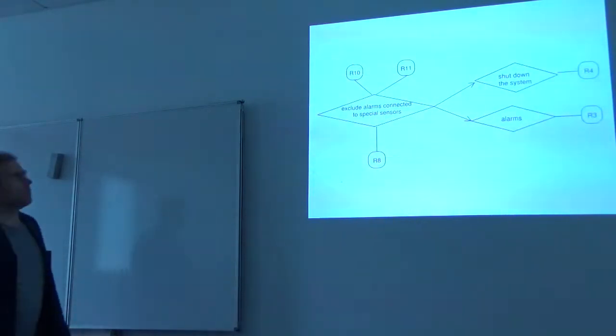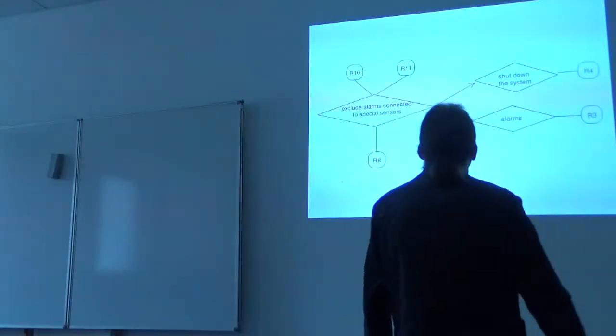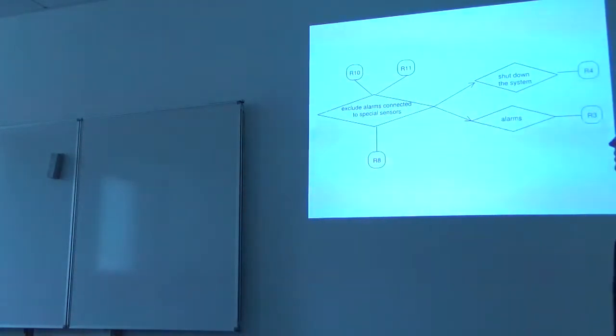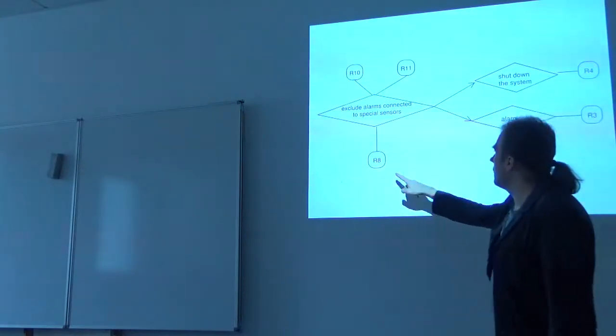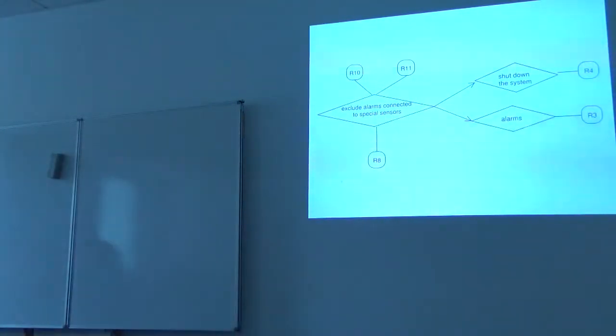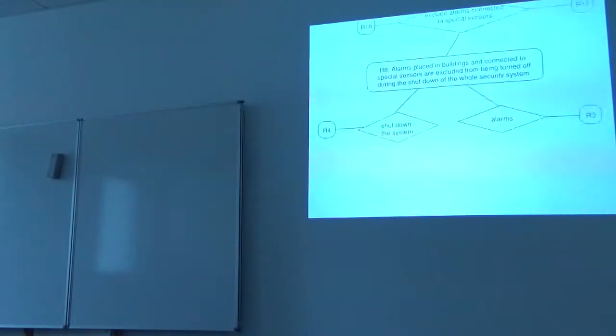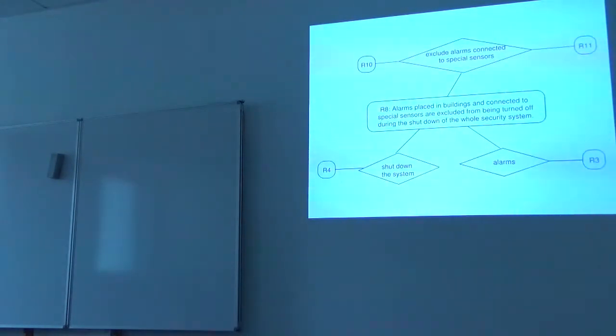The idea is to constrain the responsibility. So we see that this requirement R8, which intentionally I put its text there in order to have it in front of our eyes to see what it is about.